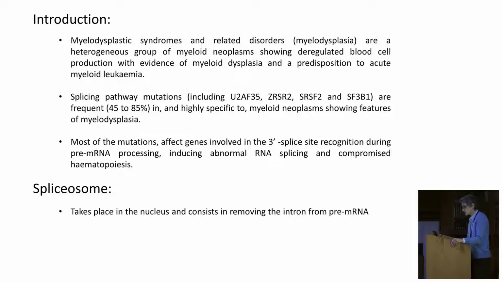And one of them, which we have really focused our attention on because of this heterogeneity, is MDS with ring sideroblasts, or RARS. This specific subgroup of MDS patients is clearly mutated for one of these genes, SF3B1, which is part of the spliceosome complex. And in around 80% of the cases, you will have these mutations.